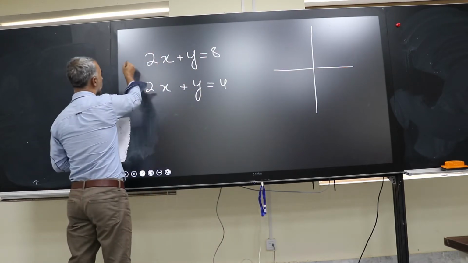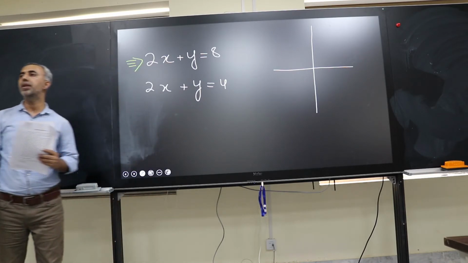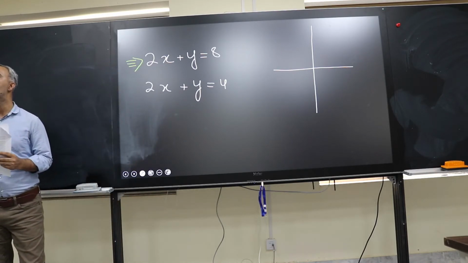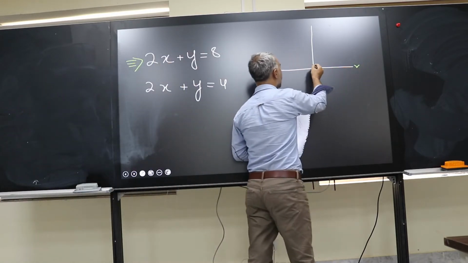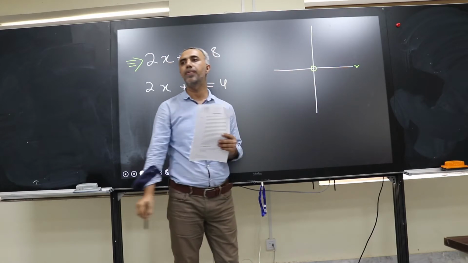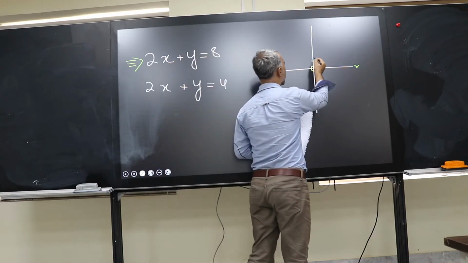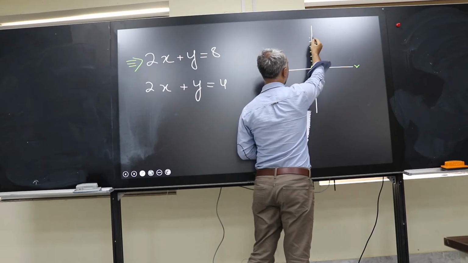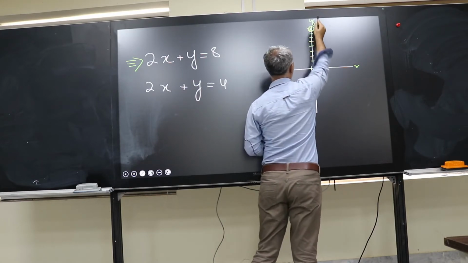If we consider the first linear system and assume x equal to 0, the value of y will become 8 at this point on the y-axis.